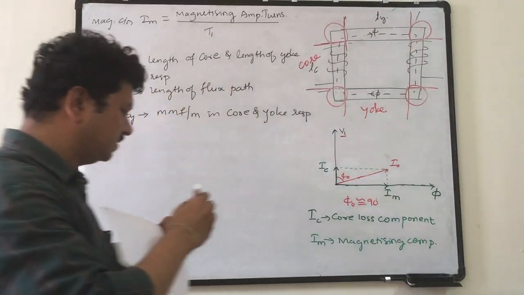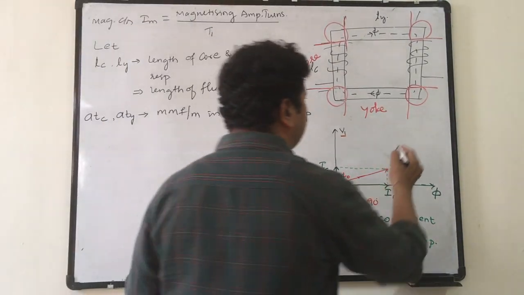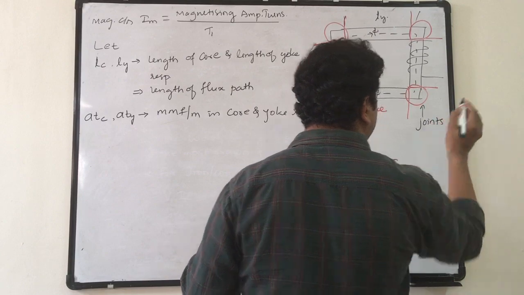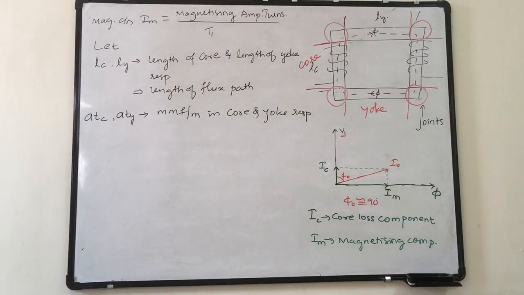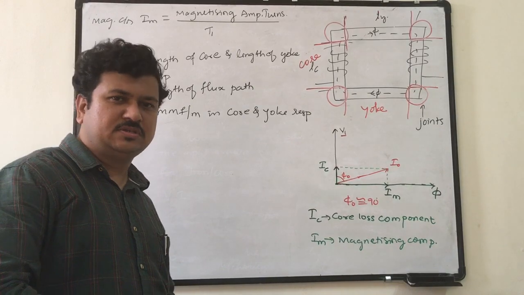I have marked a circle with some reason that we'll look into now. What the four corners form are called joints. You know that transformers are not made with a single stamping of this frame shape. Those are made up of different stampings.